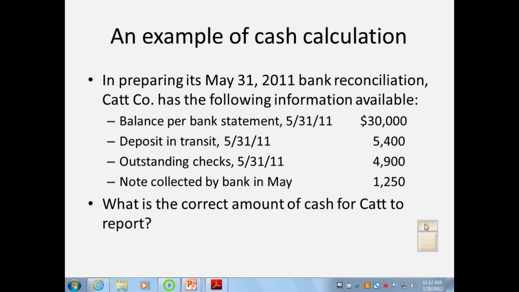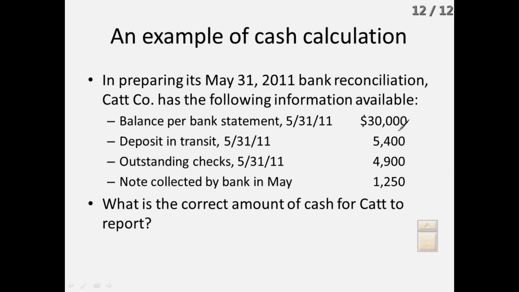Let's say you get your bank statement, and it says you have $30,000 in the bank, as of May 31st, 2011. They have all the checks, copies of them on microfilm, so you can see all the checks that have cleared.